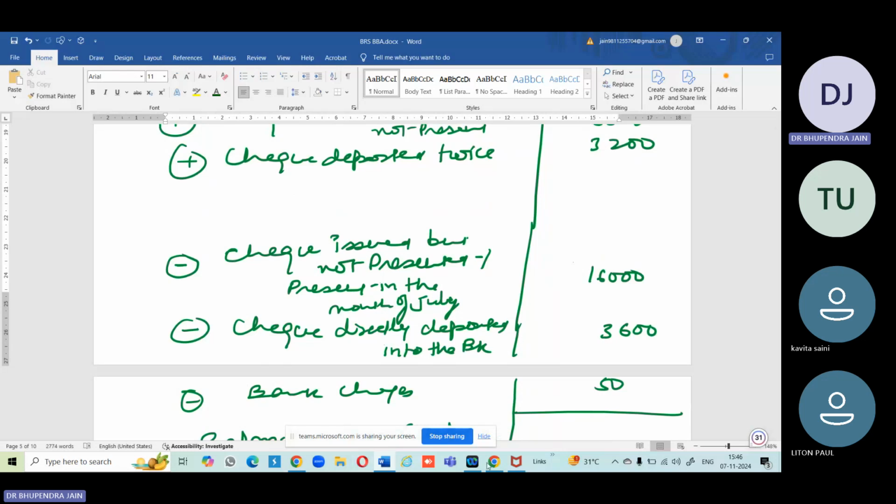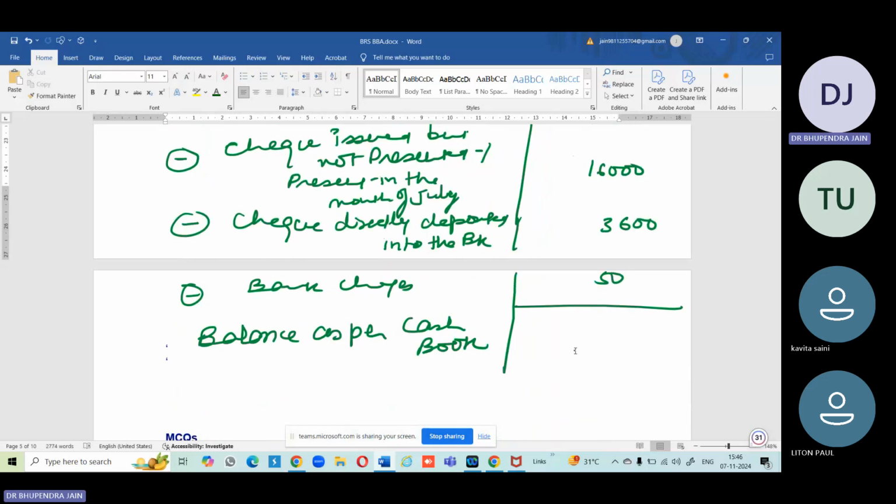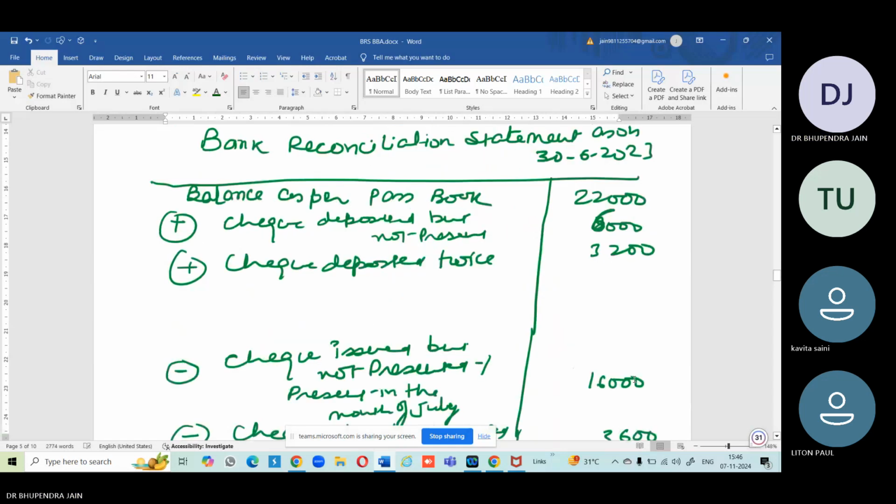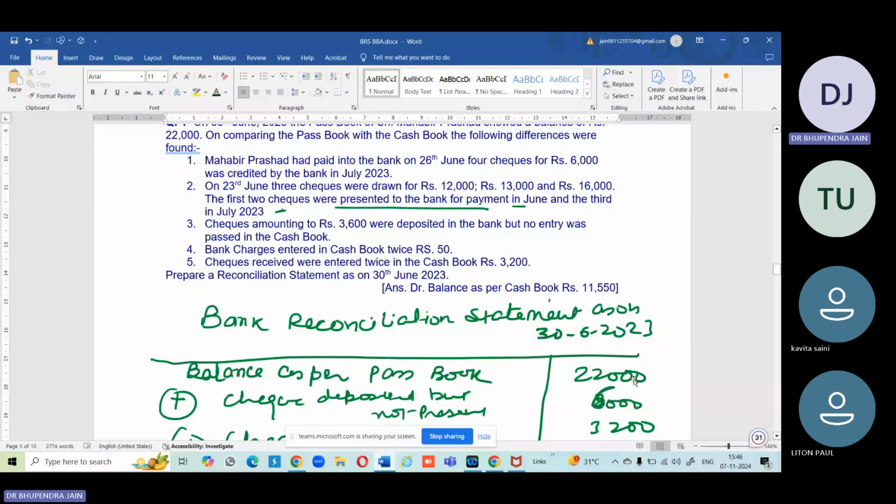So now the answer is 11,550. This is the answer. Balance as per cash book 11,550. This is the bank reconciliation statement.